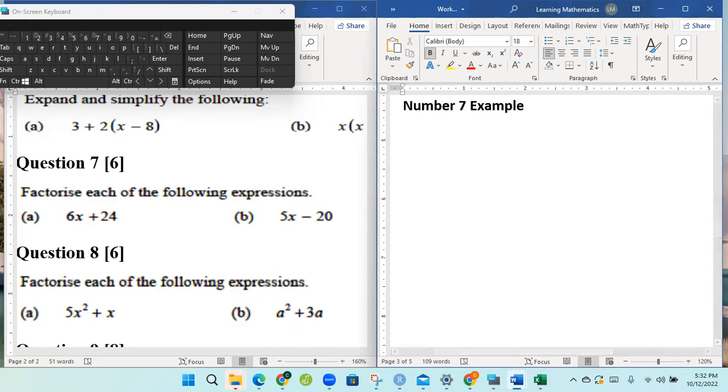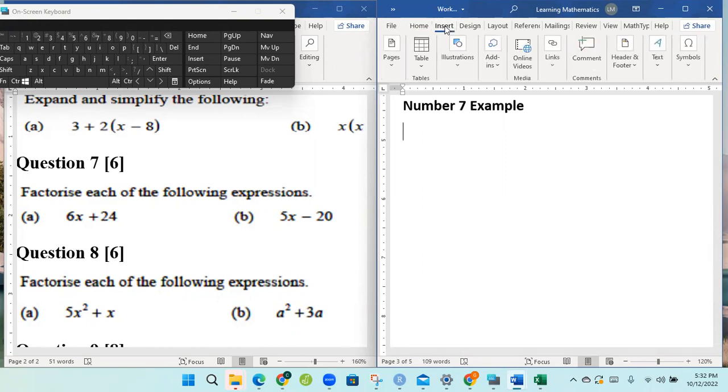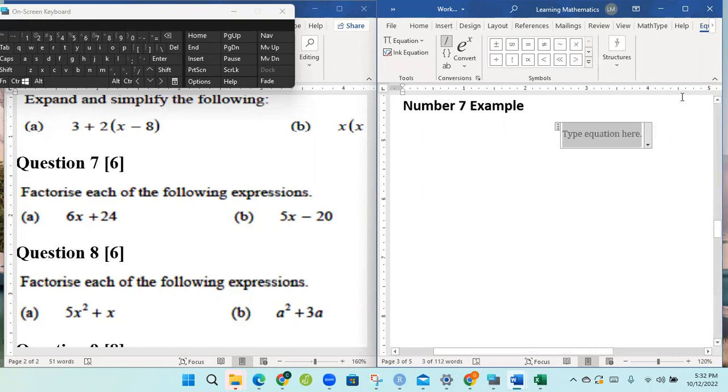So let's say, for example, you've got 8x plus 12.